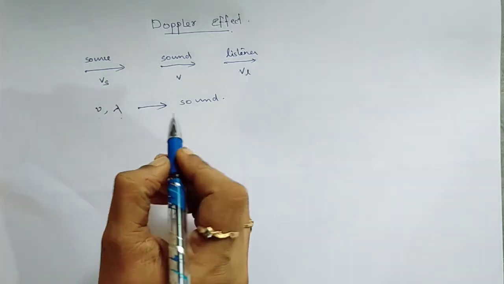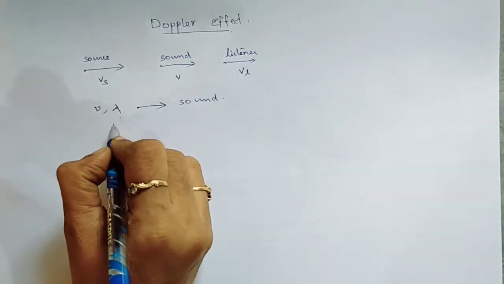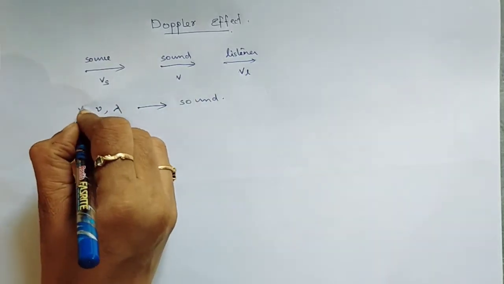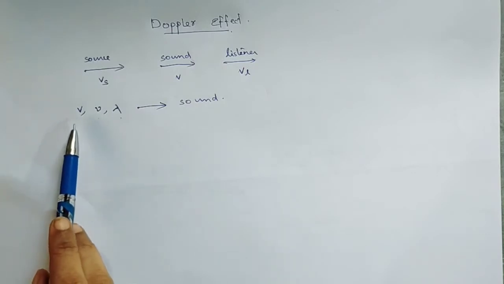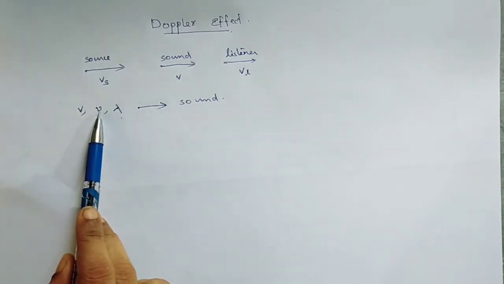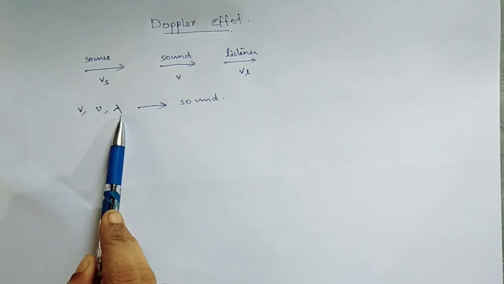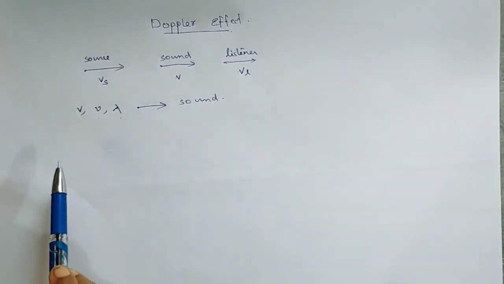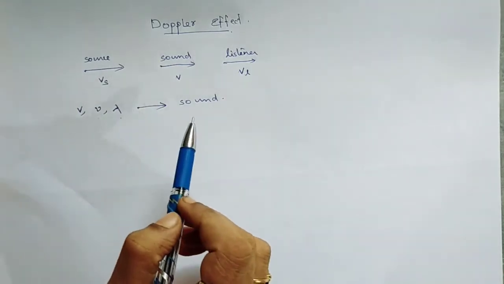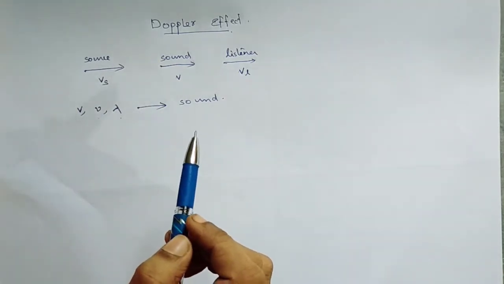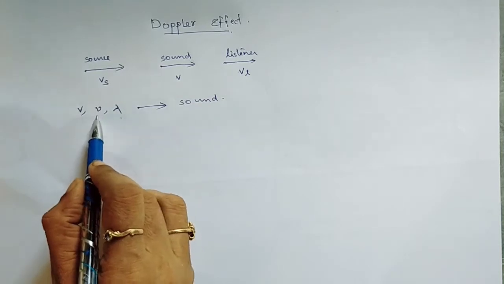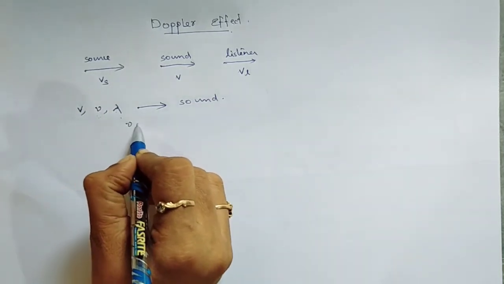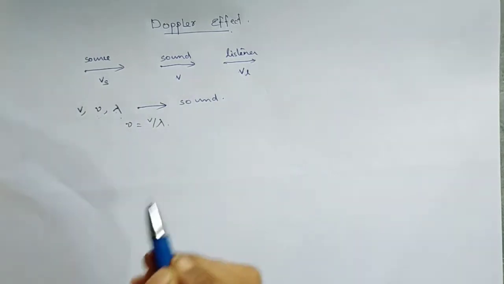V be the velocity, nu be the frequency, lambda be the wavelength of the sound. Nu and v, do not confuse them. From this we can find the frequency nu is equal to v by lambda, that we understood.